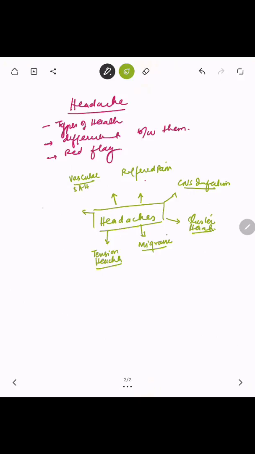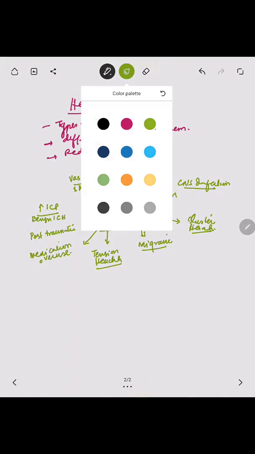It could be due to increased intracranial pressure, we call it benign intracranial hypertension. It could be post-traumatic, and it could be due to medication overuse. So these are the causes we are going to talk about.